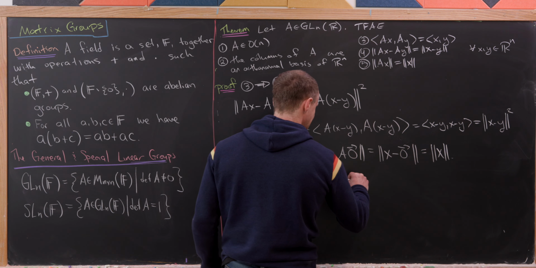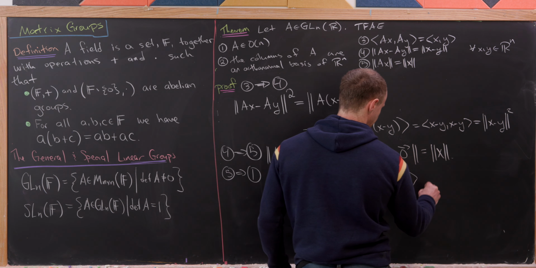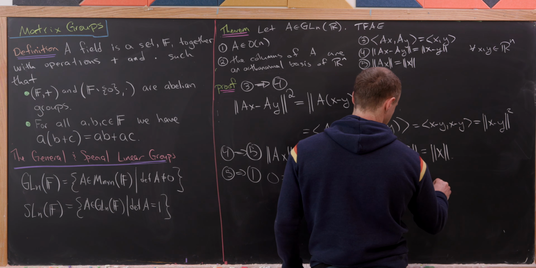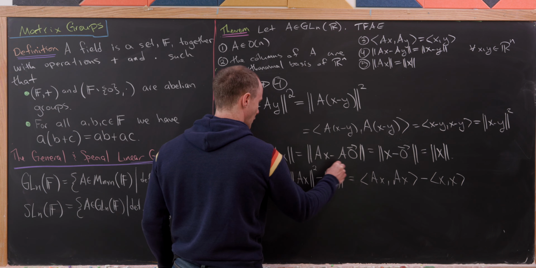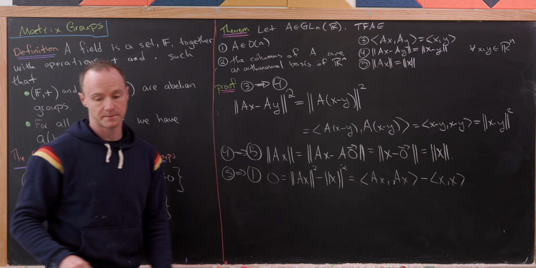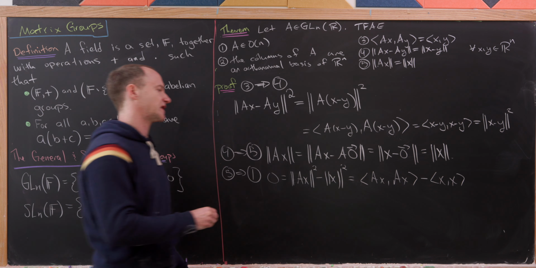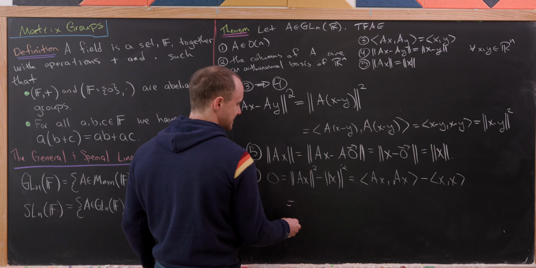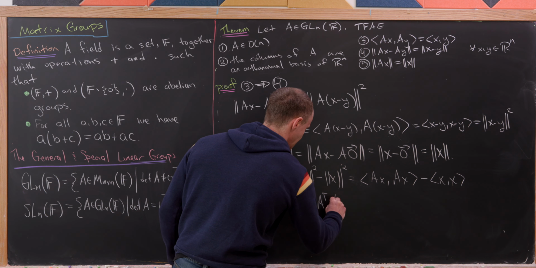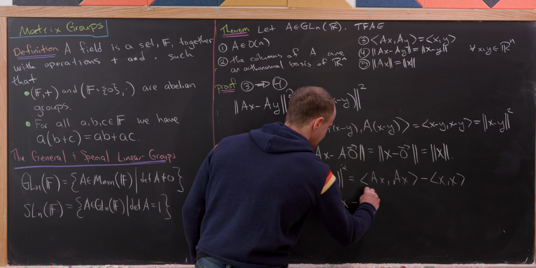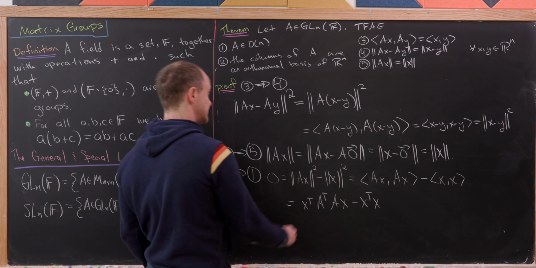But now that's going to be the same thing as the inner product of Ax with itself minus the inner product of x with itself, where I just realized I forgot my squares here. Now I can rewrite those inner products using transposes, and that's going to give us x transpose A transpose A x minus x transpose x equals 0.